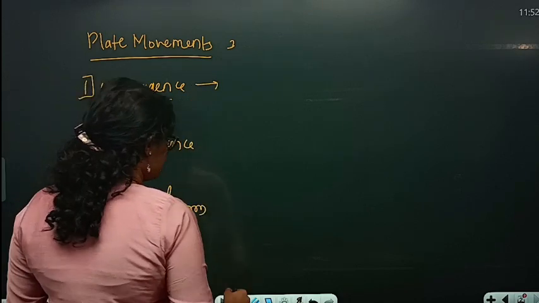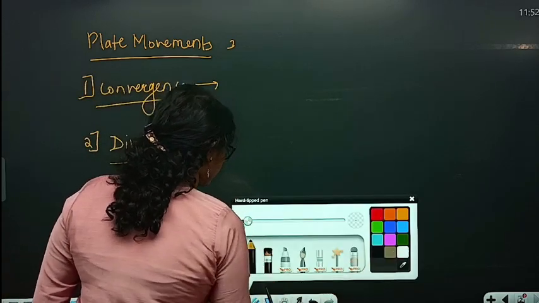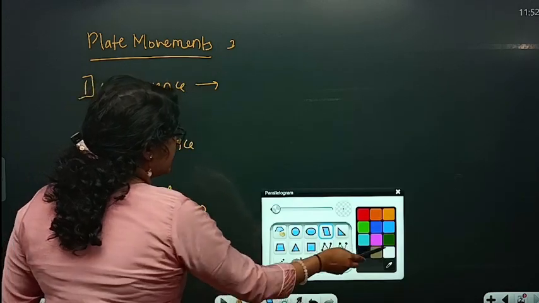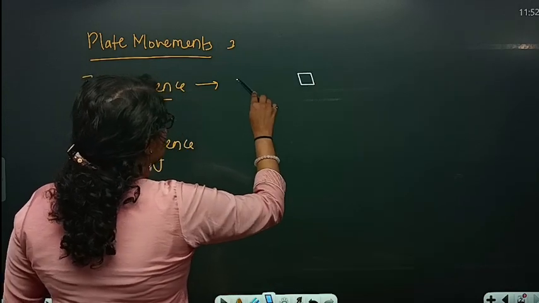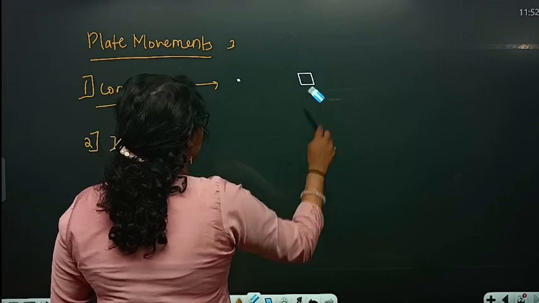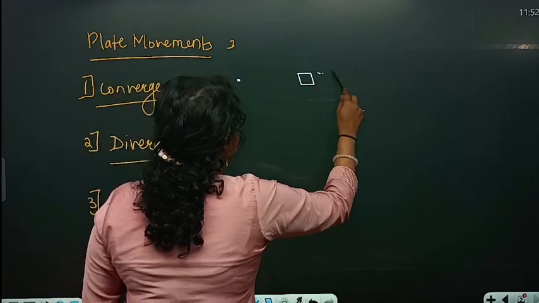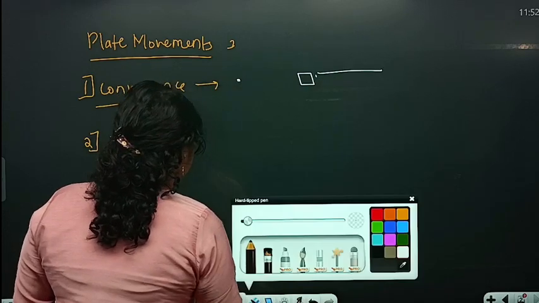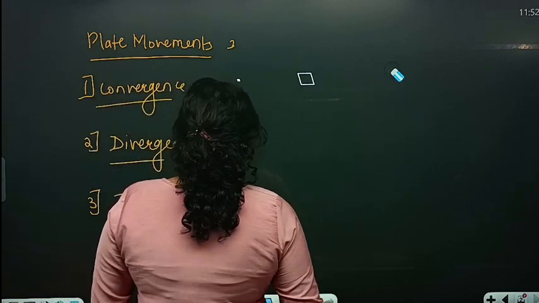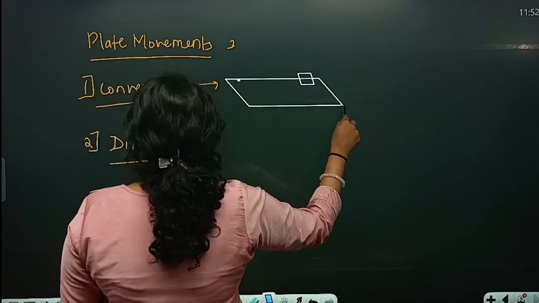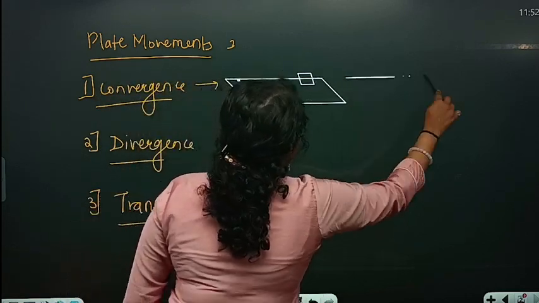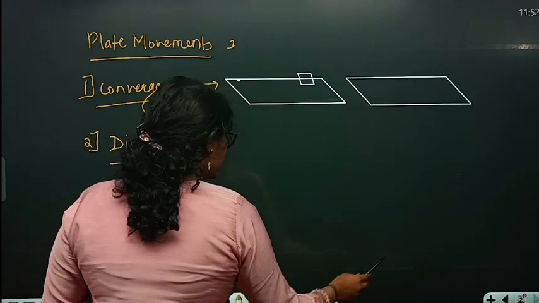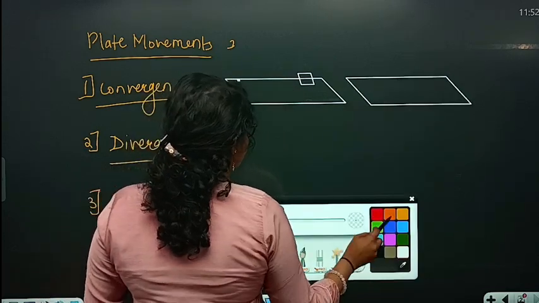So what is convergence? It is also known as destructive plate boundaries. Let us see convergence. What is happening in convergence is when two plates are coming towards each other, it is known as convergence.